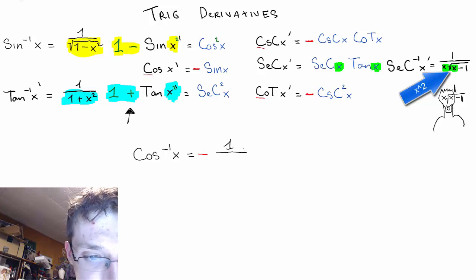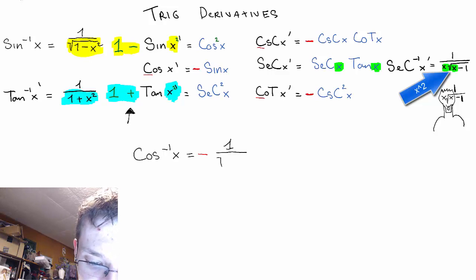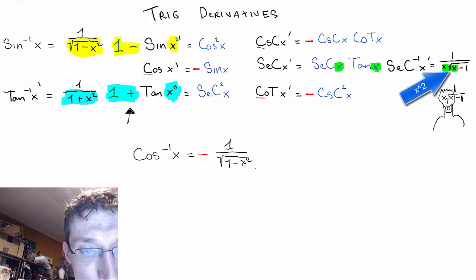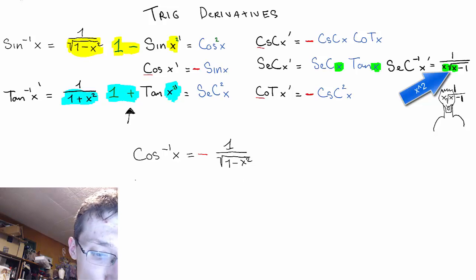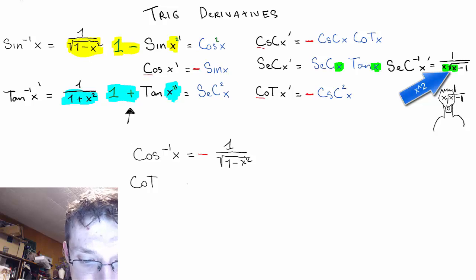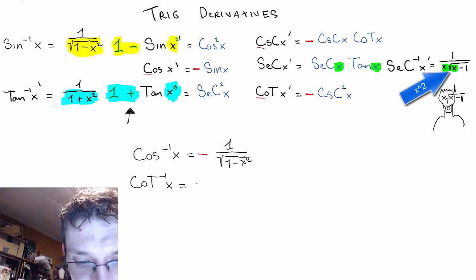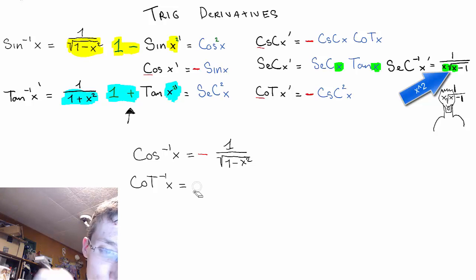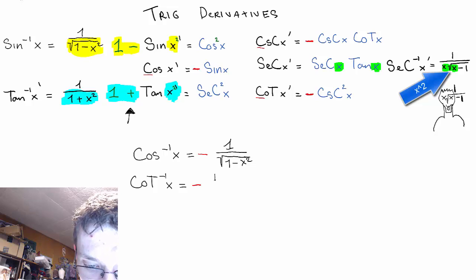So it's negative 1 over square root of 1 minus x squared. And then cotangent inverse of x would be also negative 1 over 1 plus x squared.